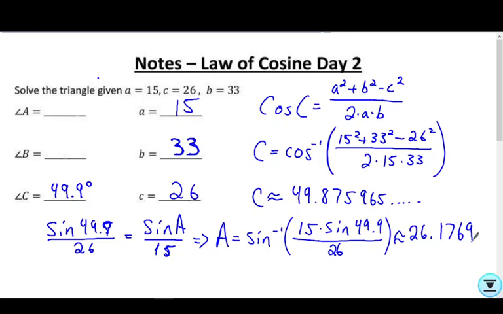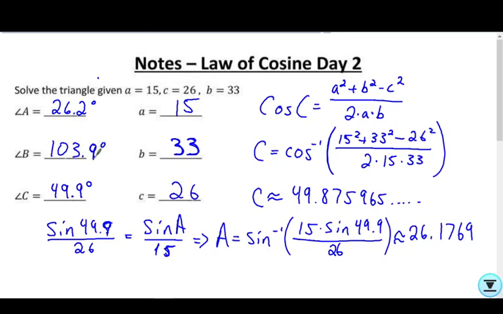Again we round to the nearest tenth, so 26.2 degrees. We're glad we didn't go next to B, because now that I have two of my angles, I subtract those two from 180 and get angle B, which is 103.9 degrees.